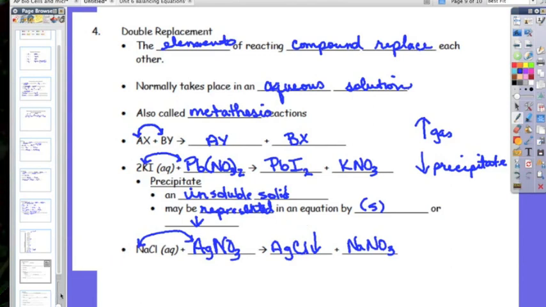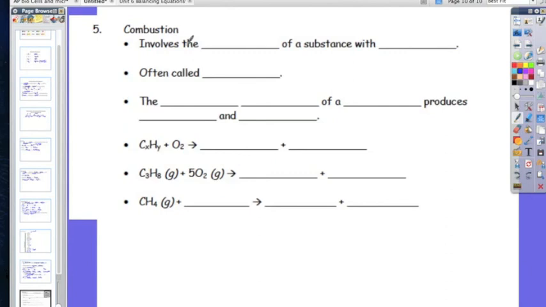Alright, so then the last type of reaction that we need to cover is a combustion reaction. In a combustion reaction, these are the ones that look kind of cool because these are the ones that involve fire. So the combustion reaction involves the reaction of a substance with oxygen, and we usually just call that burning.